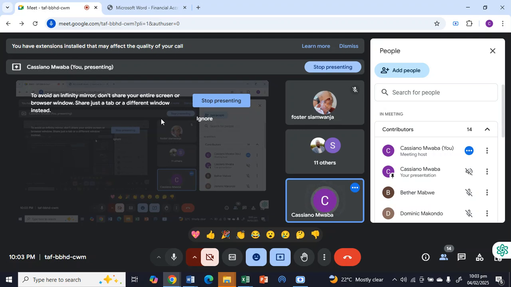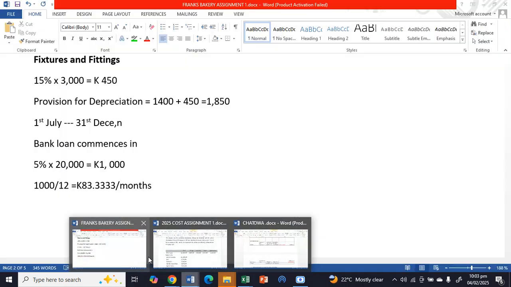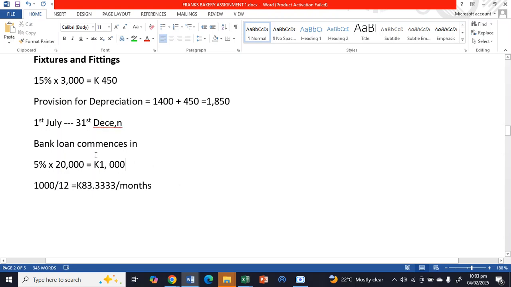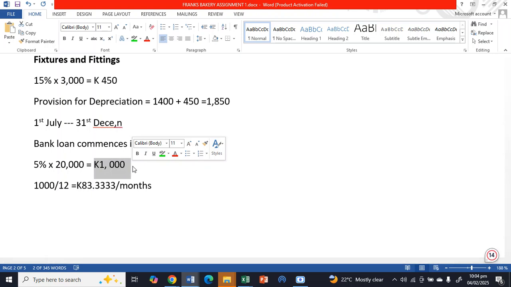So what is the monthly charge for the interest? The interest is 5%. The amount of the loan is 20,000. So the interest you have to pay per year is 1,000 kwacha.